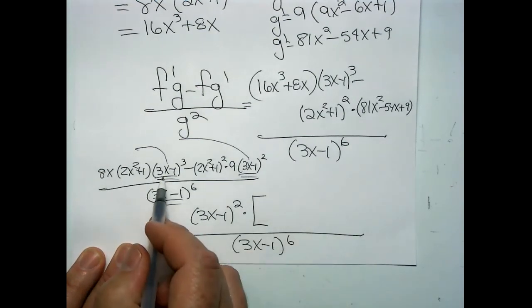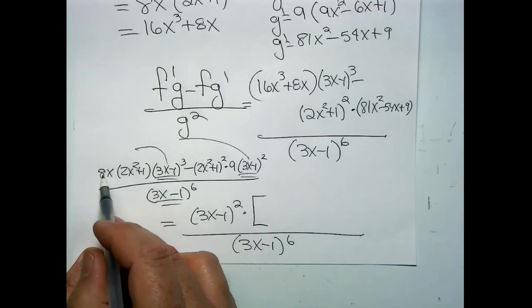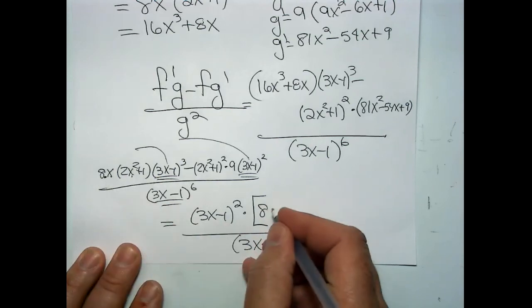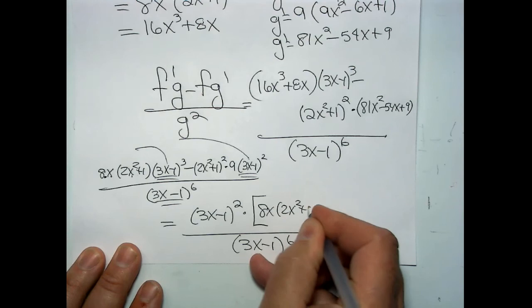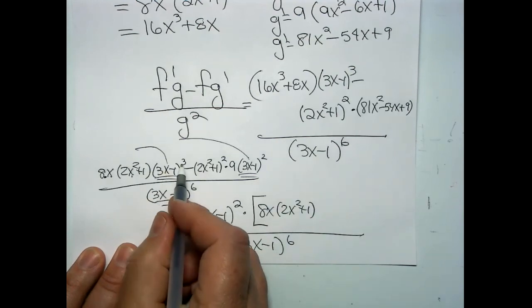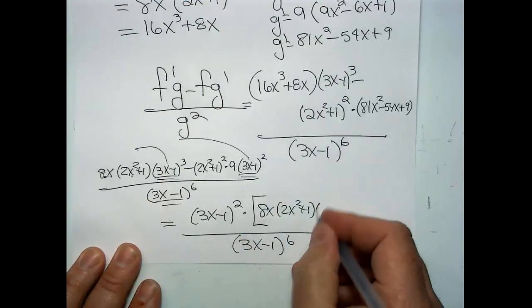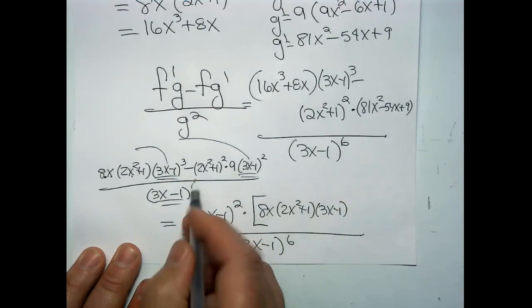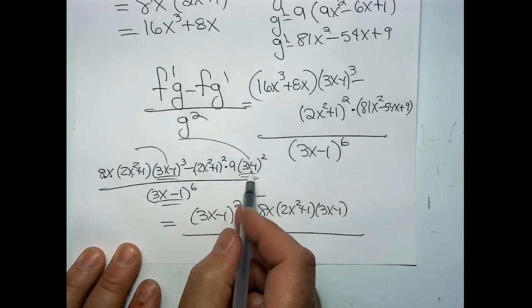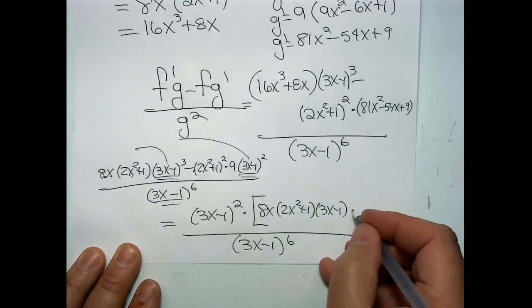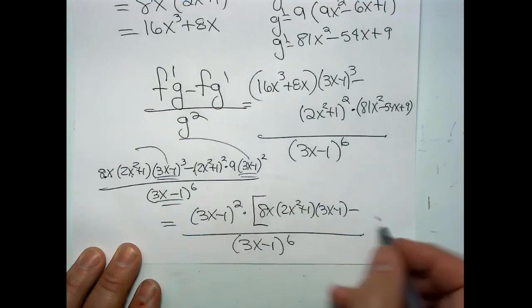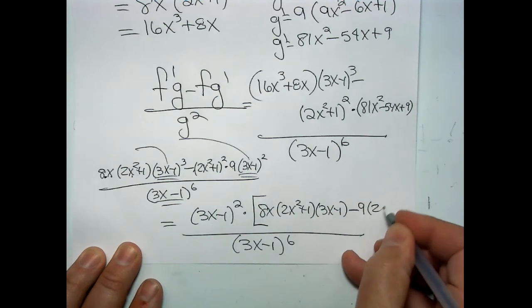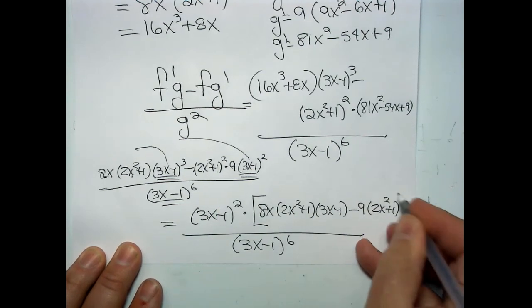Well, this will be 8x times 2x squared plus 1. One of them is left because I've only taken 2 of them out front here. And over here, the 3x minus 1 squared, the whole package came out front. So I'm going to be left with a minus 9 times 2x squared plus 1 squared.